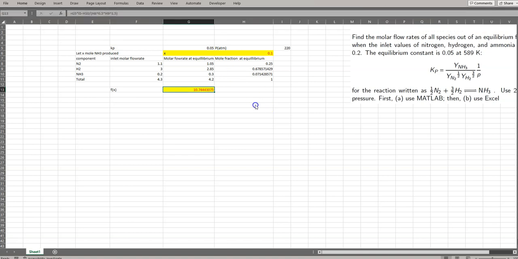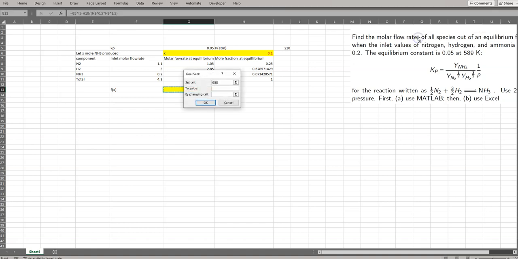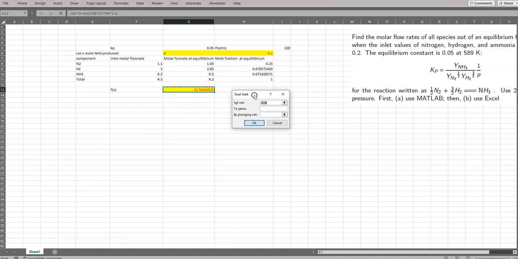For that we go to Data, then What-If Analysis, Goal Seek. In Goal Seek, the set cell is G3, 10.744, the value will be 0, and by changing this value.